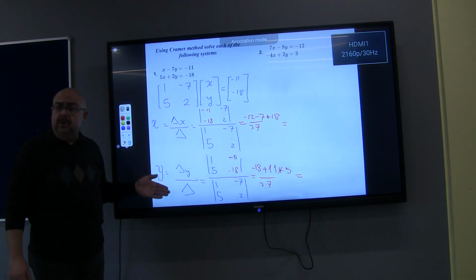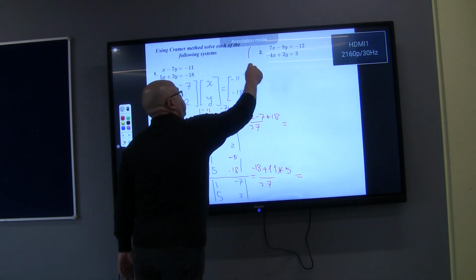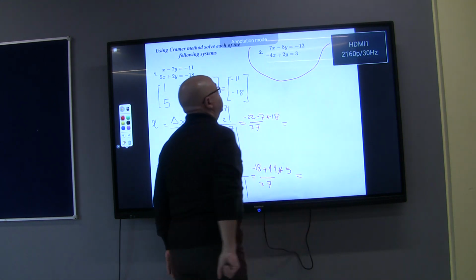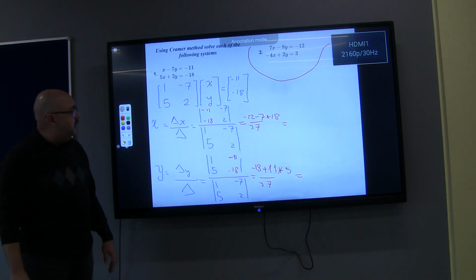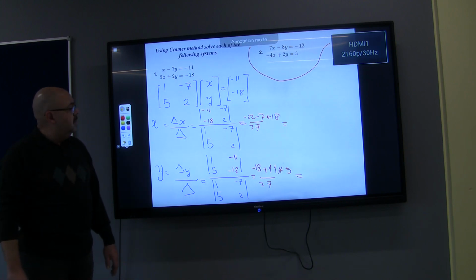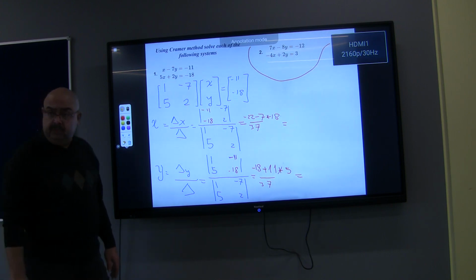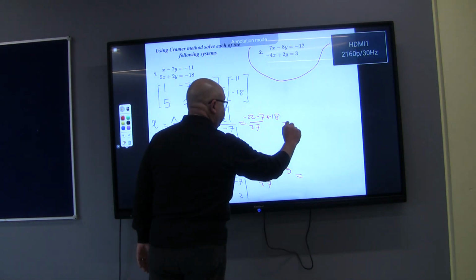This is how we go through Cramer's method. In a similar manner, for the other problem, you can simply do exactly the same. Did you evaluate the upper determinant? Negative 22 minus 7 times 18, negative 4 overall. Okay, so this one is negative 4, yes?